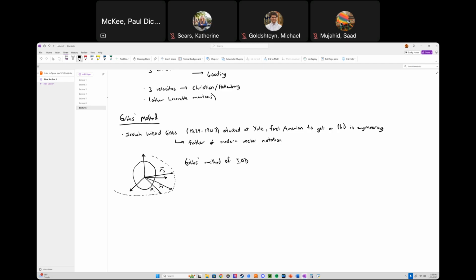So Gibbs' method IOD: find a conic section that connects 3 position vectors.